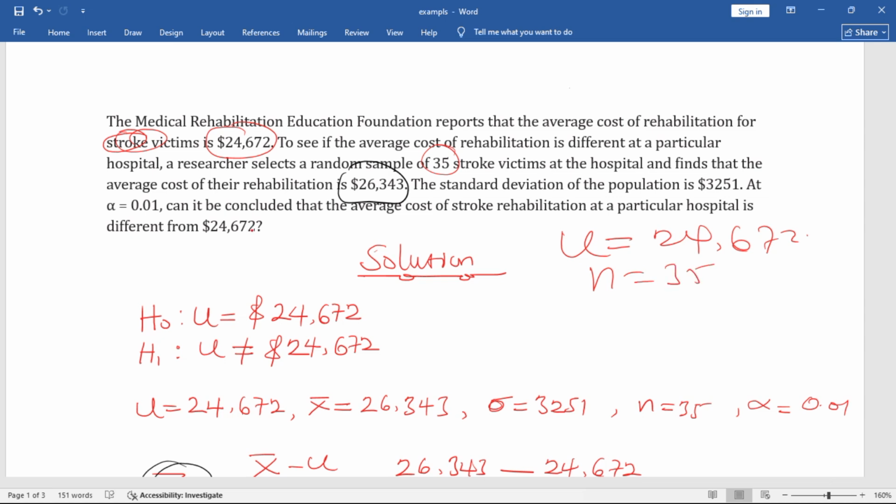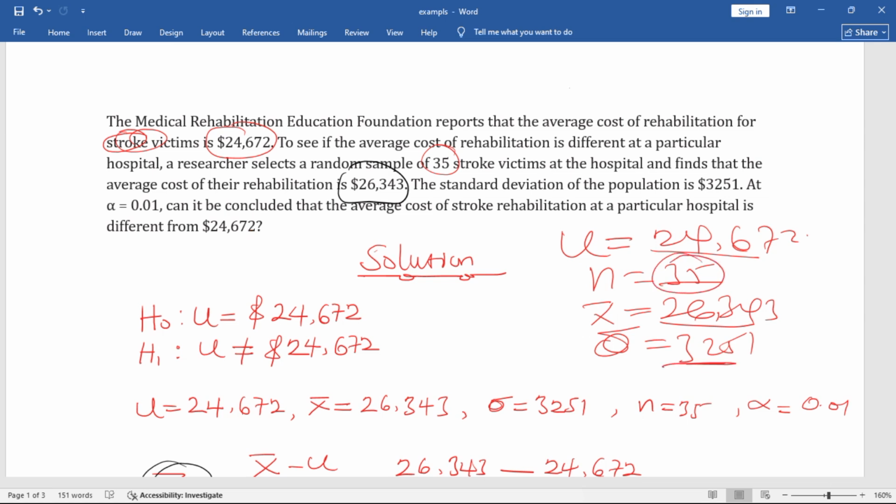With that random sample, they calculated our sample mean, our x bar, which from the question was given as 26,343. So now we have our sample mean, our population mean, and our n. We are left with the population standard deviation, which from the question was given as 3,251.